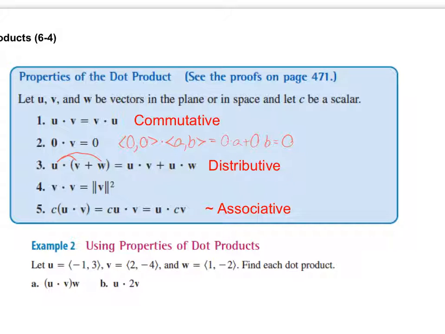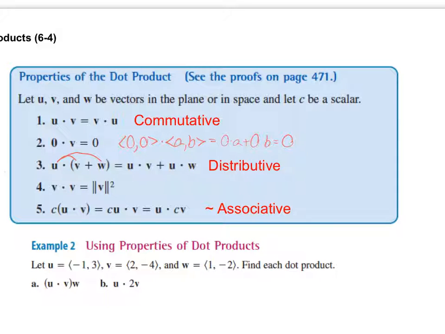And then notice I'm doing a dot product here, which gives me a scalar, and a dot product here, which gives me a scalar. So I'm just adding two scalars. So you can either add the vectors and then do a dot product, or you could do two dot products and add the scalars. It's up to you, but that's our distributive property.